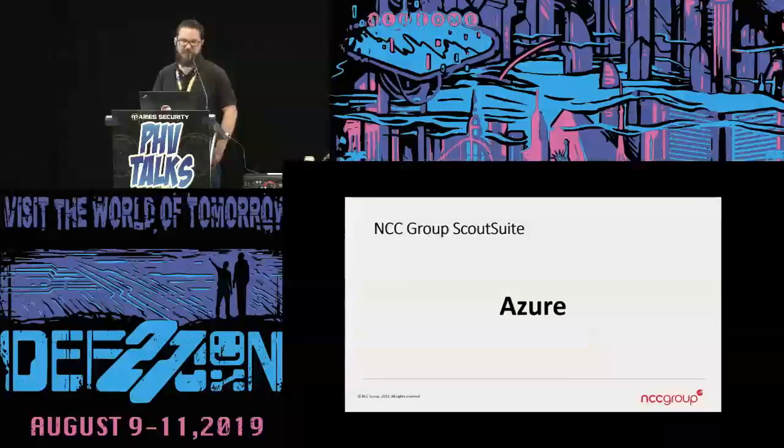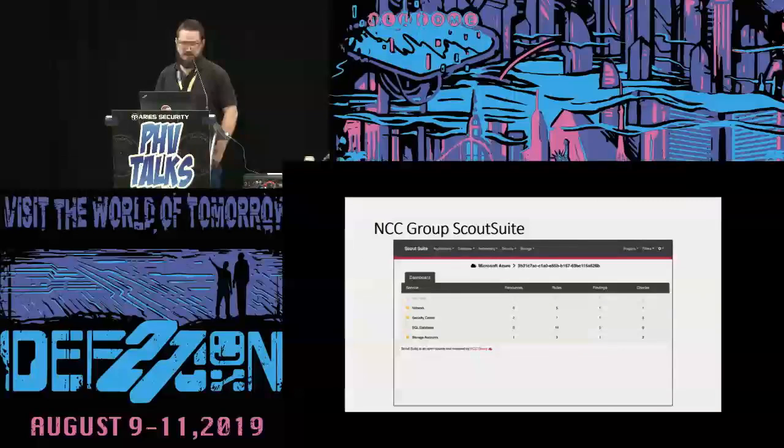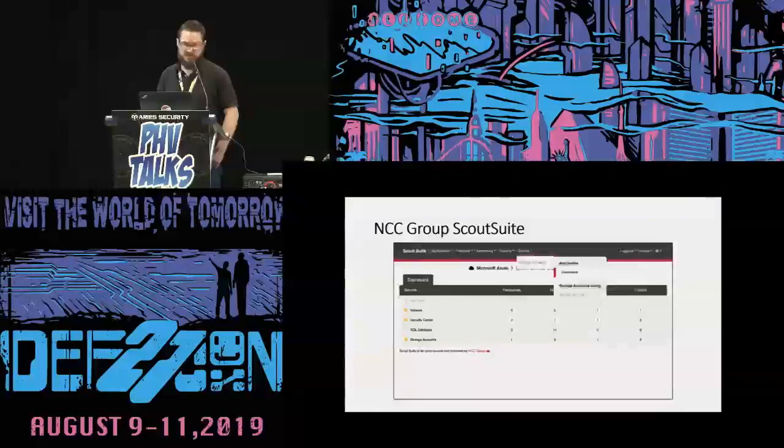All right, running Scout Suite against Azure. Very familiar web page. Here we have fewer services because Azure's API is not as mature as AWS, but they are adding features. So here we've got 5 different services: Key Vault, Network, Security Center, SQL Database, and Storage Accounts.